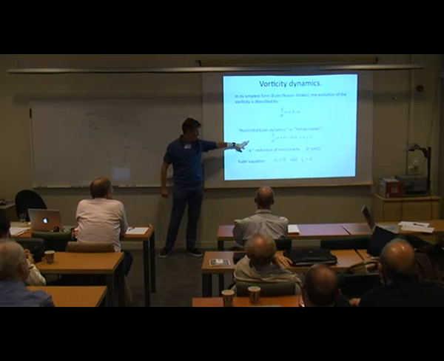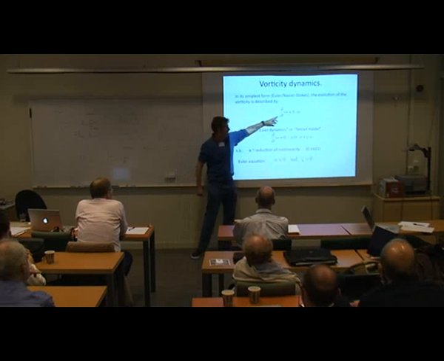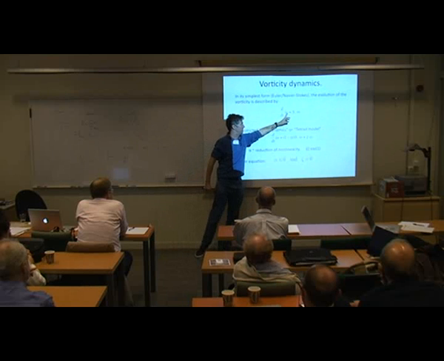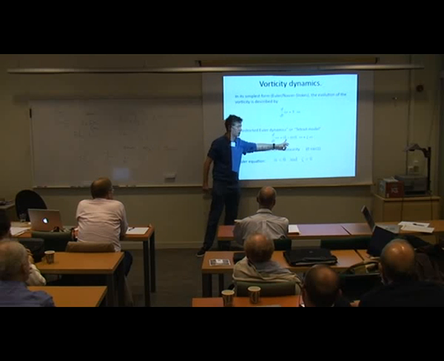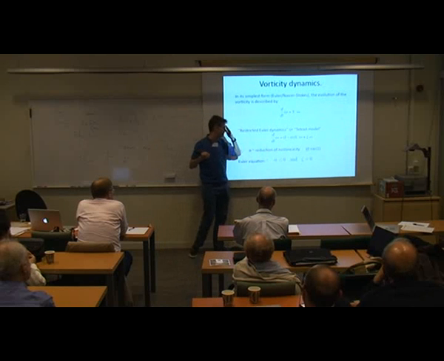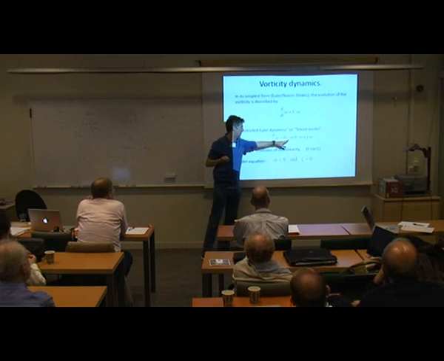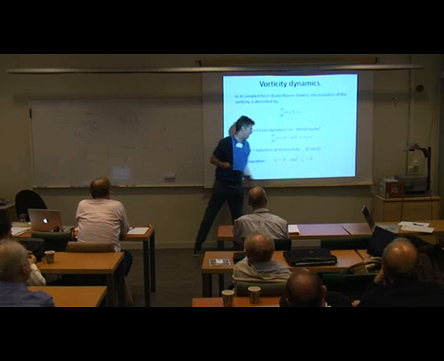If you take any of them, you have an equation like this. It's essentially of the form vorticity being stretched by the rate of strain tensor, possibly with some reduction of nonlinearity and possibly some damping.